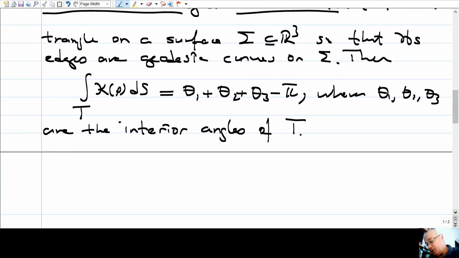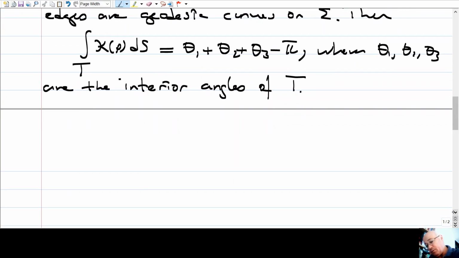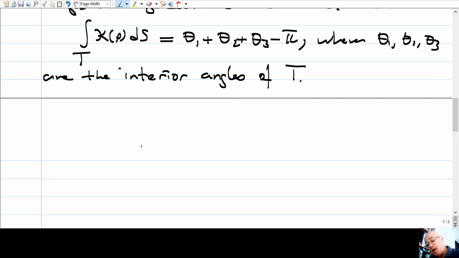This is a deep fact. It is not easy, but we will assume it because we don't have time to prove this result. This result tells us the following.